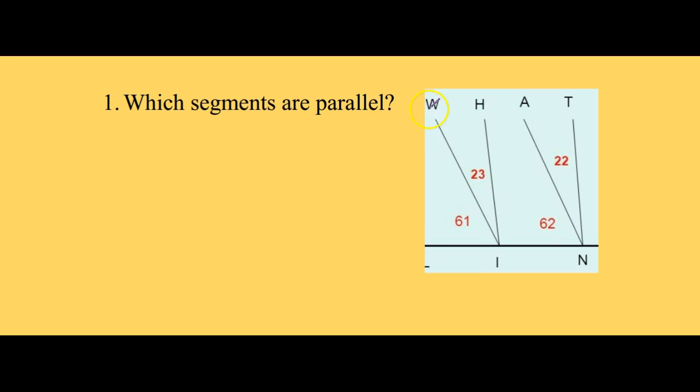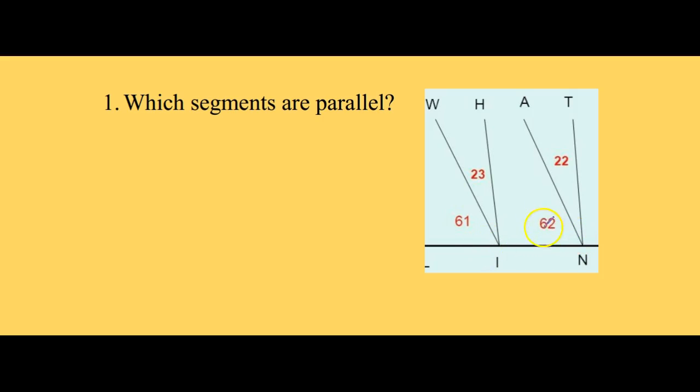So let's look at each segment here, like segment WI and segment AN. Let's assume that they are parallel and this is a transversal. Then this angle here should be corresponding to the angle here.